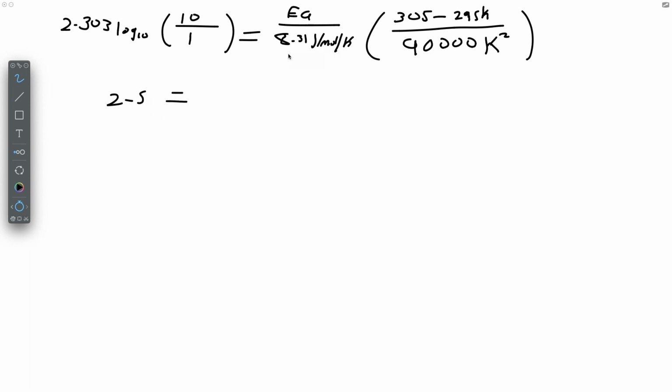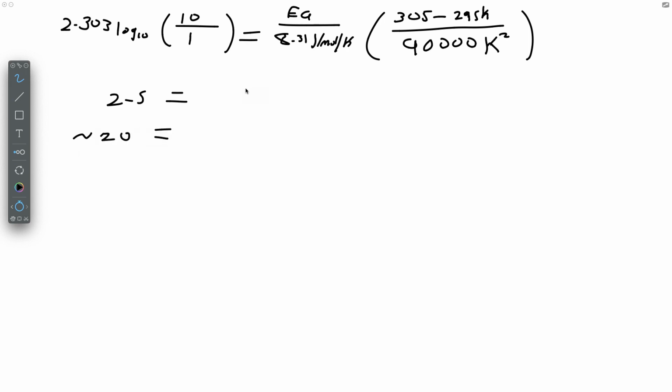On the right-hand side, we've got all of these values. The 8.31, let's just make it 8, and chuck it onto this side, so we multiply the left by 8. 2.5 times 8 is about 20, which is easier to work with.